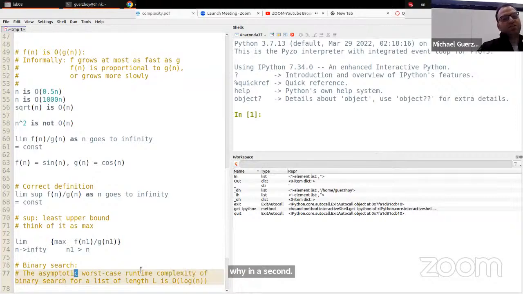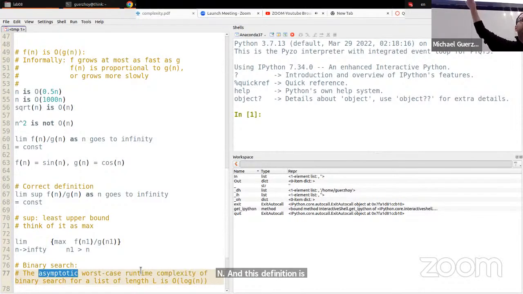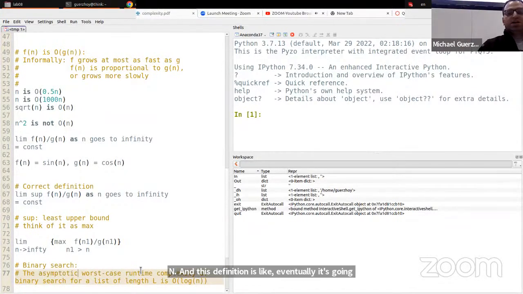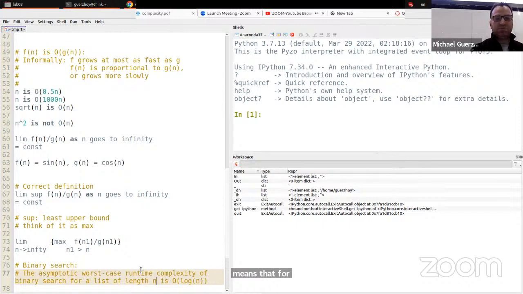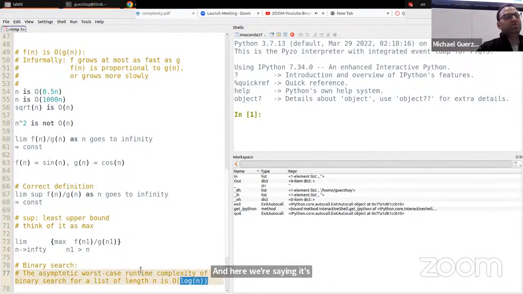So asymptotic refers to the idea that this is for large n. And this definition is like, eventually it's going to settle into a constant, right? So in the beginning, there could be weirdness. Worst case means that for a list of length n, we're looking for the list that produces the longest runtime. And here we're saying it's going to be proportional to log n, right?